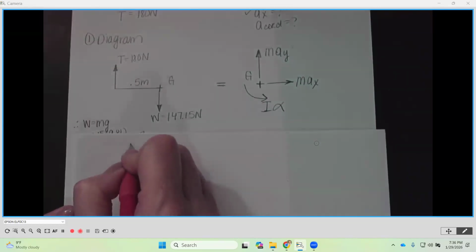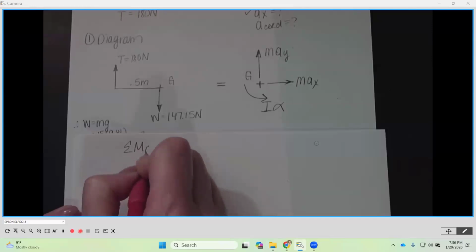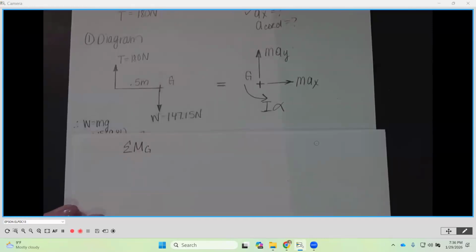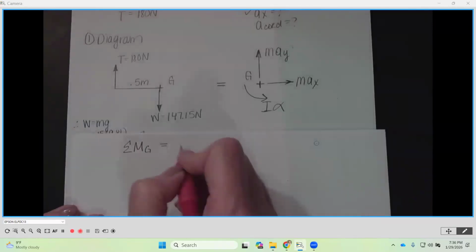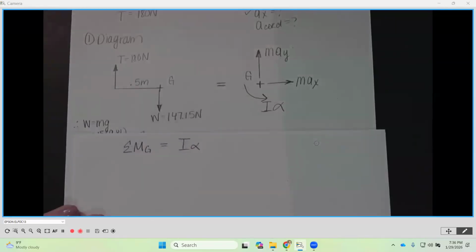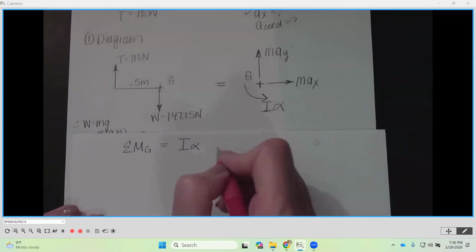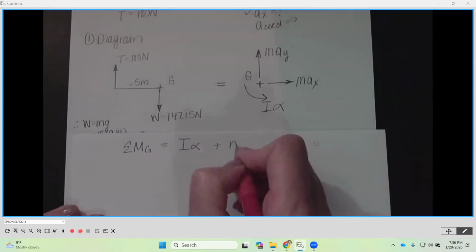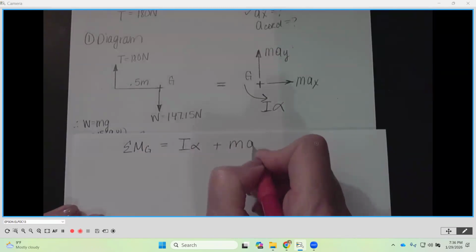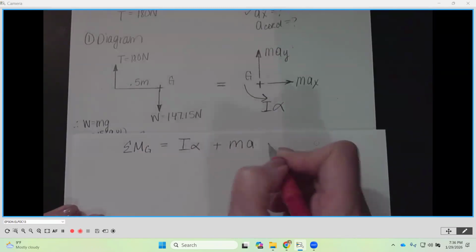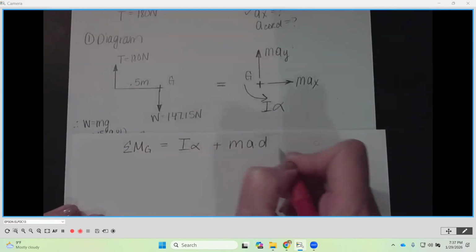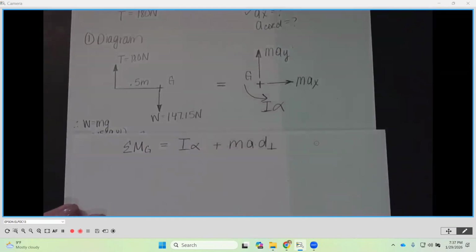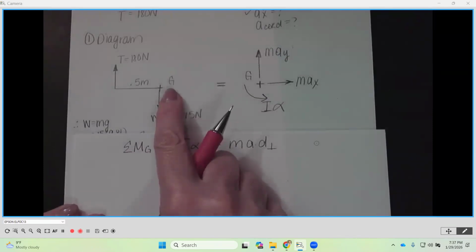So I'm going to do the sum of the moments around that center of mass, G, is going to be equal to rotational inertia times the angular acceleration of the disk plus mass times acceleration times our perpendicular distance. Now, remember we're summing around G, so that's our center.